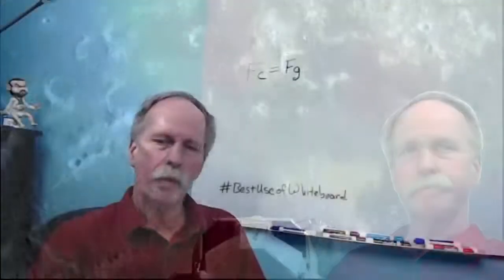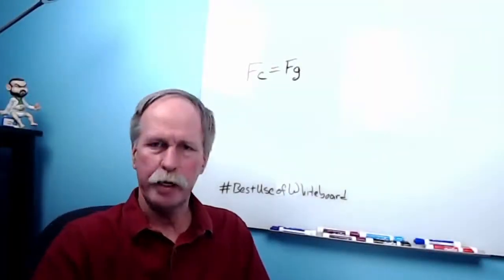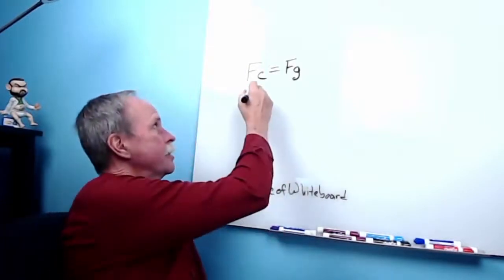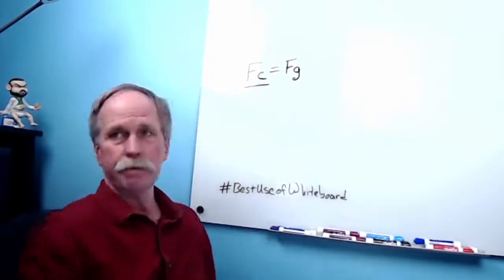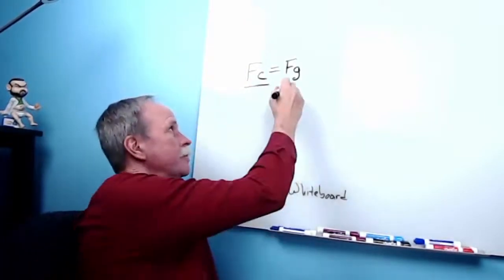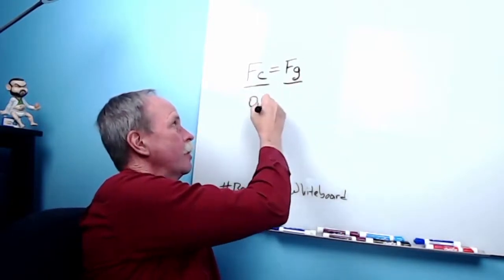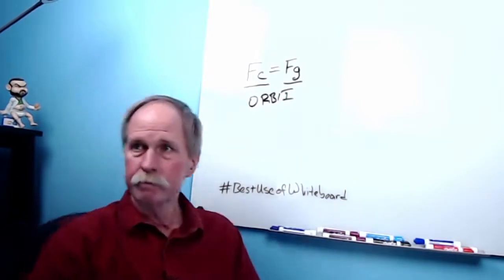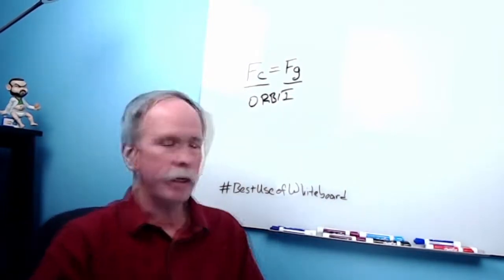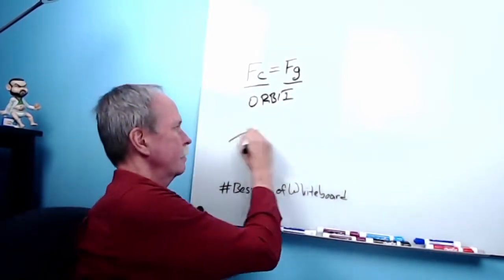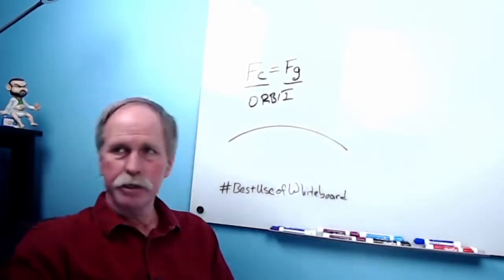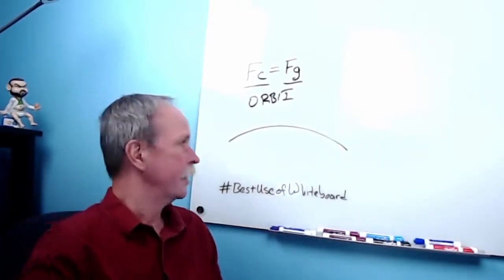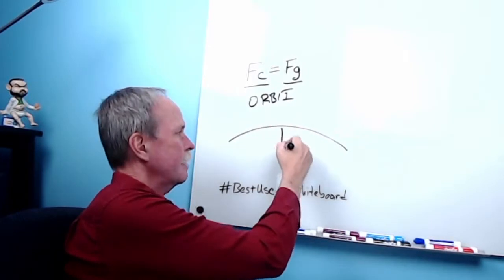Let's have a look. Well, let's start off with a little bit of theory. Now, when your centrifugal force equals the force of gravity, you're in orbit. That's just as simple as that. Now, the reason that is, if you look at the surface of the Earth or an orbit or anything, you have the force of gravity going down.